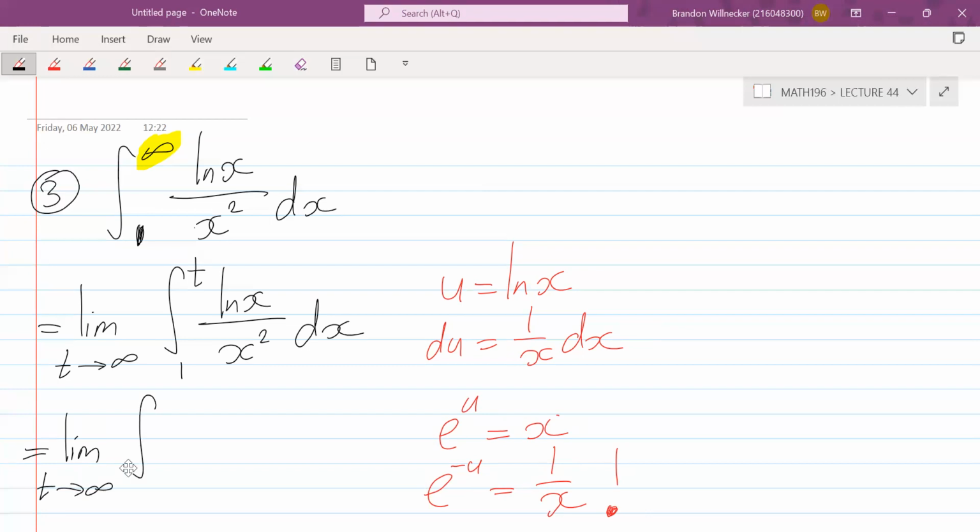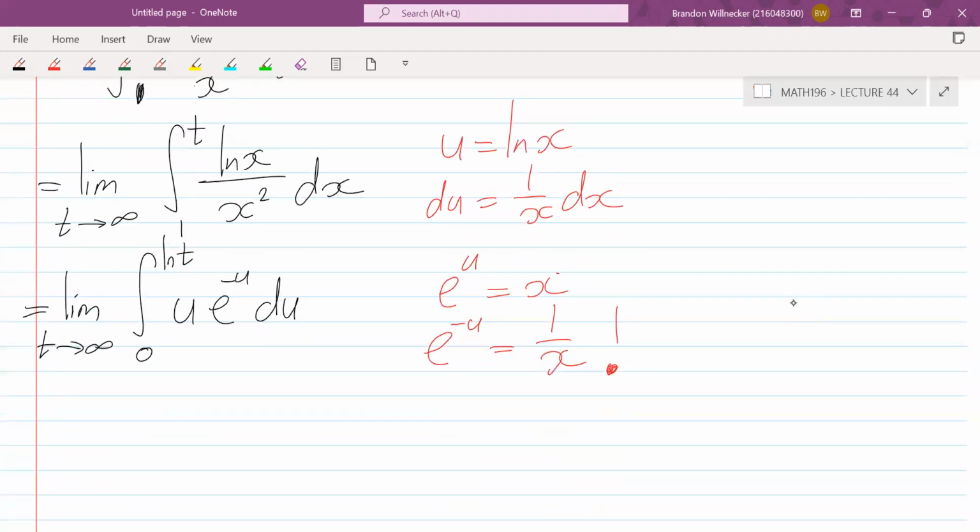Now we need to change the bounds. So when x is equal to 1, u is equal to 0. When x is equal to t, u is equal to the natural log of t. So that's fine. Then the natural log of x, that's going to be u. The 1 over x that we need, that's going to be e to the minus u. And then that other 1 over x dx, that gets replaced with du.